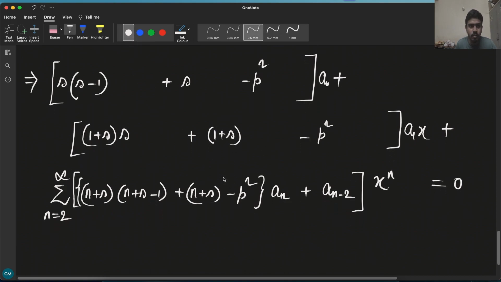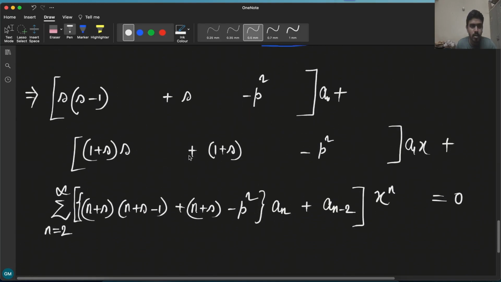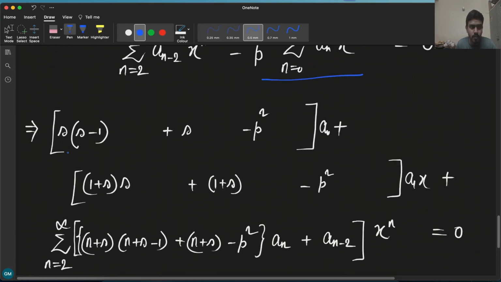And now if I simplify, then from this term I will get s square minus s plus s minus p square, and this s is cancelled, and we are left with s square minus p square.